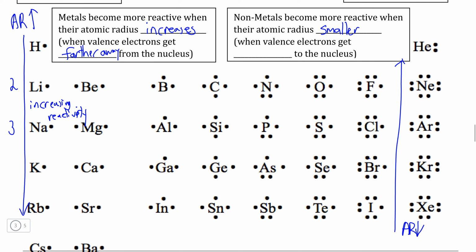This means the valence electrons are much closer to the nucleus, and therefore more strongly attracted to the protons in the nucleus, and therefore nonmetals at the top of the periodic table are more likely to gain electrons than the nonmetals at the bottom of the periodic table, as we see here.